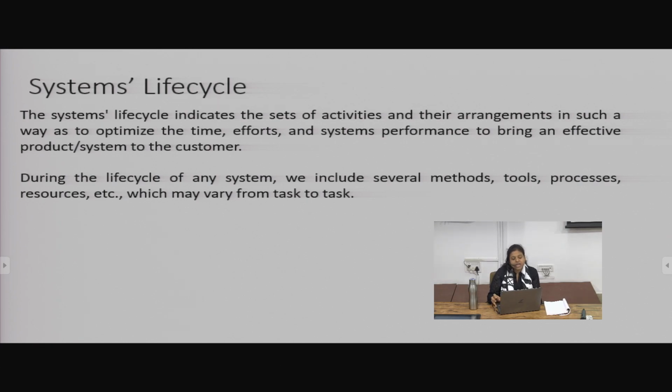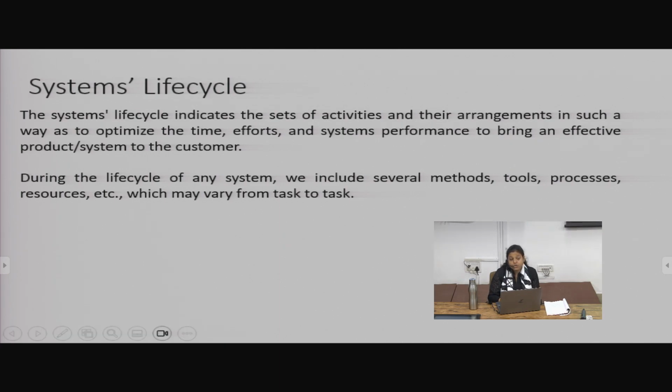During the life cycle of any system, it requires methods, tools, processes, and resources, which may vary from task to task. It is basically a method to perform a task and provides how to perform each task.